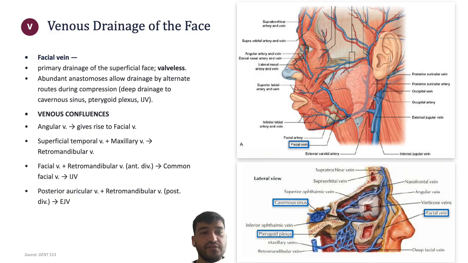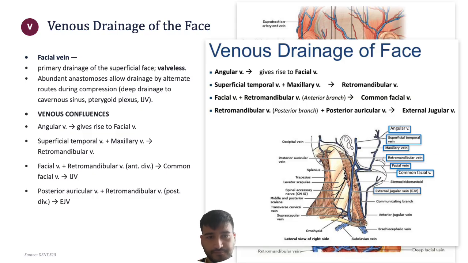Then we have the venous drainage, where we have the facial vein, which is always behind the twisty facial artery. And then we have the venous confluences, and I have some better pictures here to show you as well. So we have the angular, which gives rise to the facial.